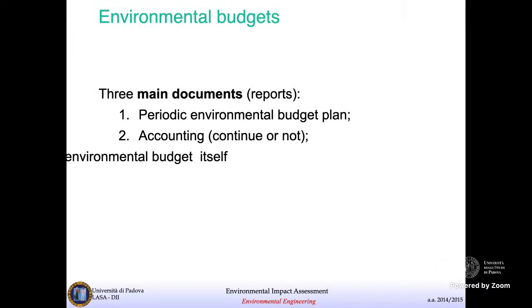There are other types of environmental budgets that are divided in terms of production or different documents, what we may call environmental reporting. You have periodic environmental budget plans, accounting that may be continuous or not, so yearly accounting or environmental budgets itself.